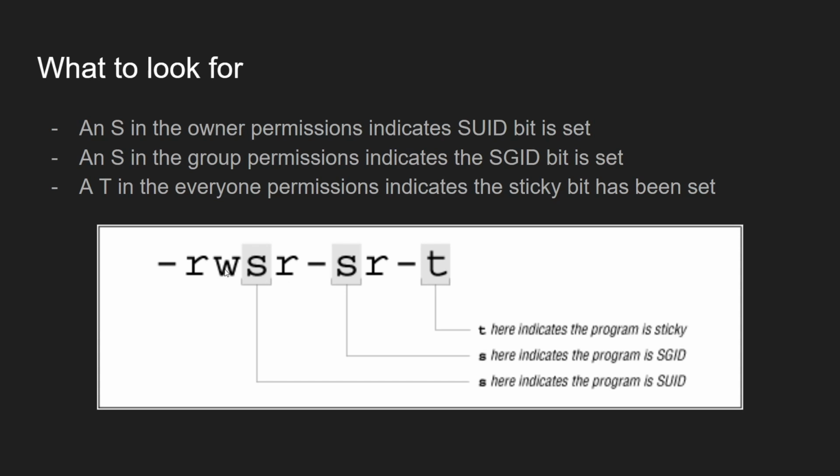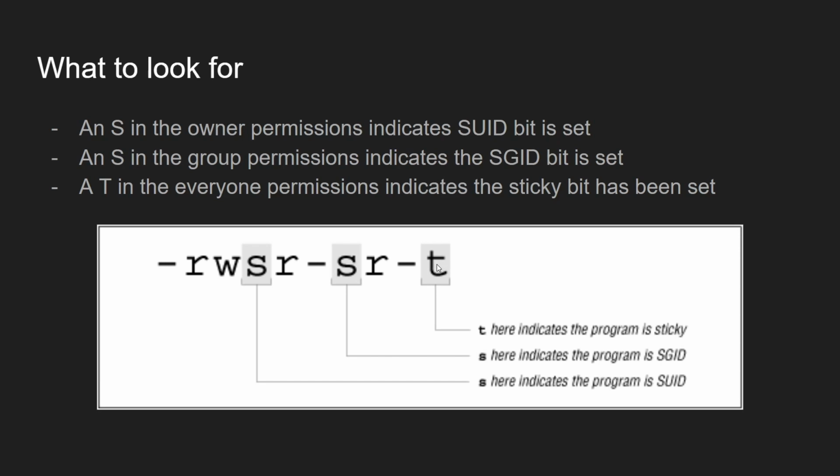Typically they'll have full access. Next is the group that owner is in, what they can do, and then finally everyone. If you're not in that group and you're not the owner of the file, it's what everyone can do.